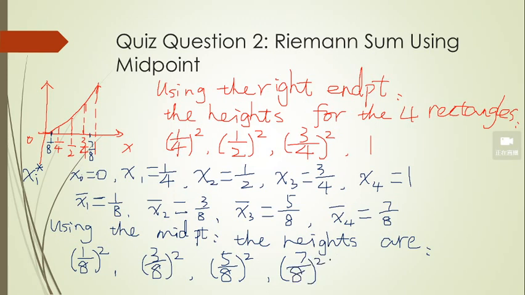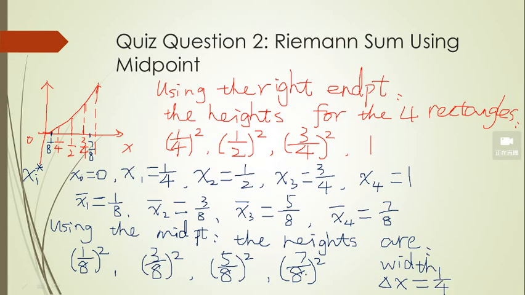Comparing with the right endpoint or left endpoint, only the height of the rectangles changes. And again, the widths are all delta x, still 1/4.